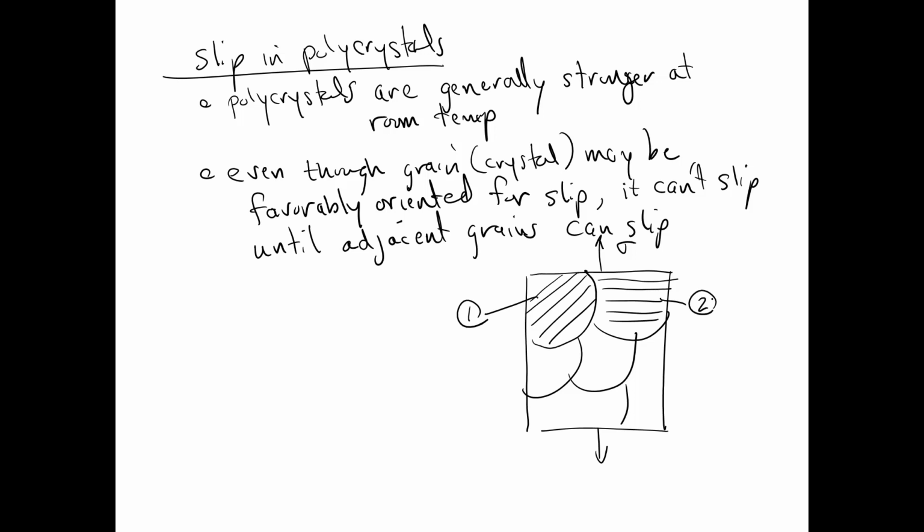Grain number 2 is less favorably oriented, but grain number 1 cannot slip, it can't deform until the one next to it can deform also. So on average, what we can say is that the stress required to make this thing deform increases from just having a single crystal on average. And that's kind of shown in this figure I've got here to the right.